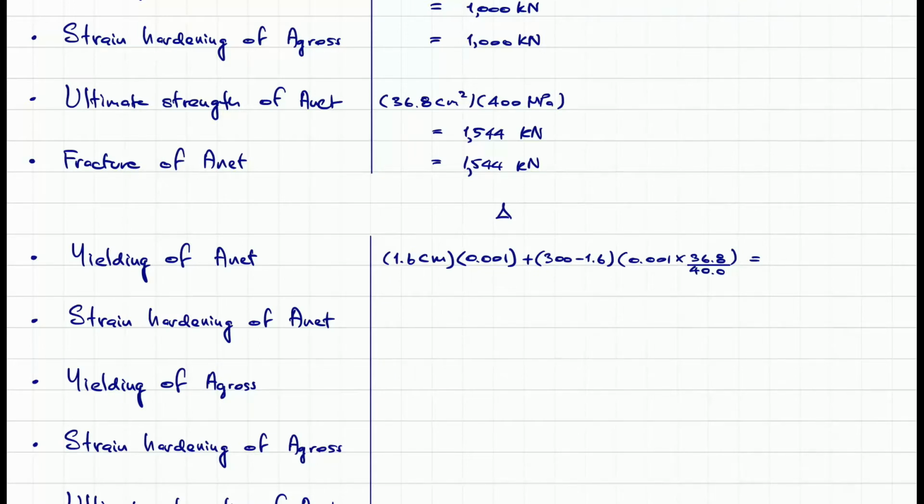Now we hit the calculator for the figure: 1.6 times 0.001 plus 300 minus 1.6, and then multiply by 0.001 multiplied by 36.8 divided by 40, turns out to be 0.276.